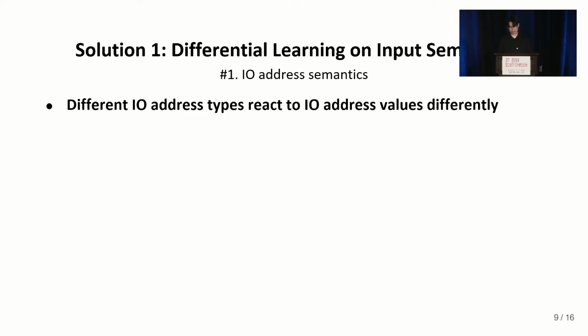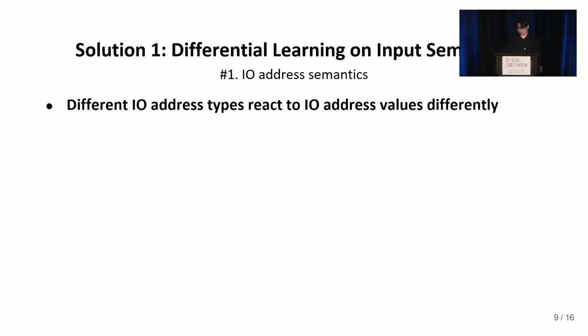Among the two hidden semantics, let me first show how to infer I/O address semantics by identifying I/O address types. The key observation here is that different I/O address types behave differently depending on which values were assigned to it.